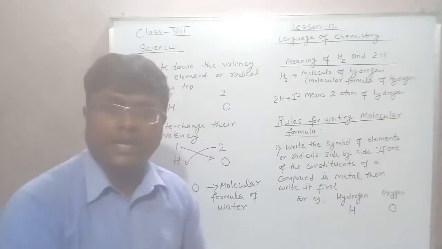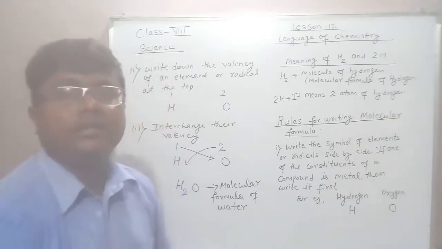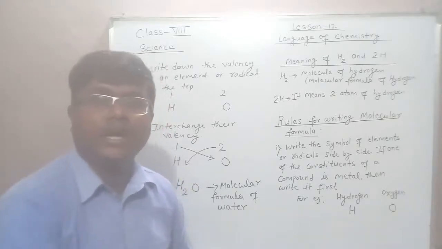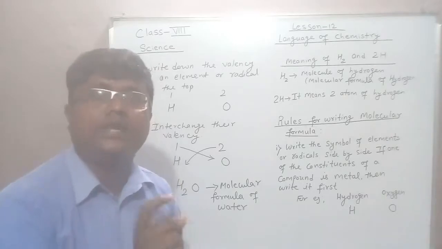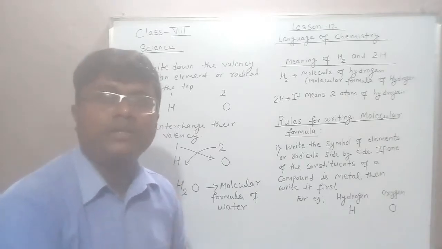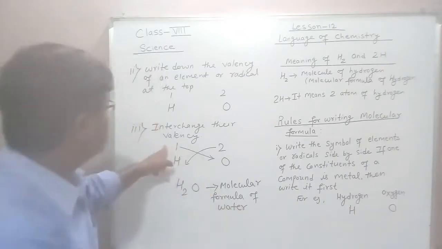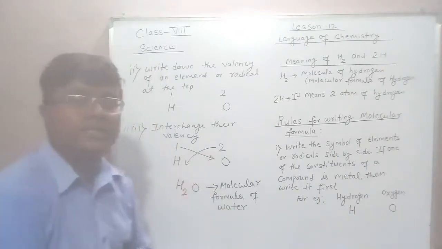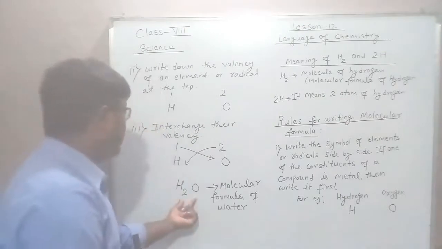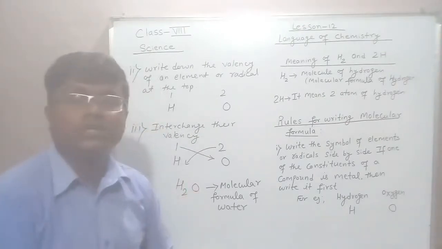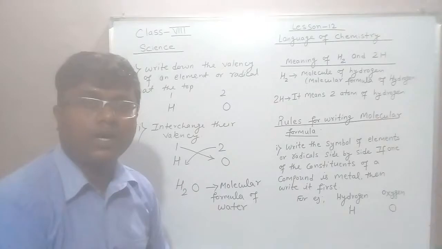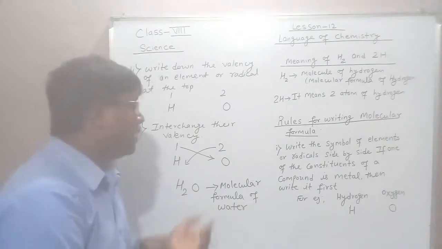After that, we write the valencies of that element or radical at the top. After that, we just interchange their valencies. Then we will get H2O. So this is the molecular formula for water.